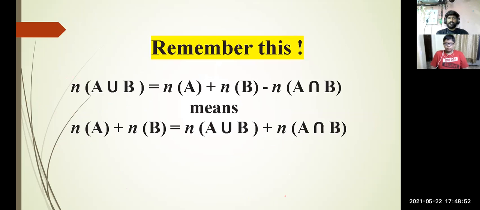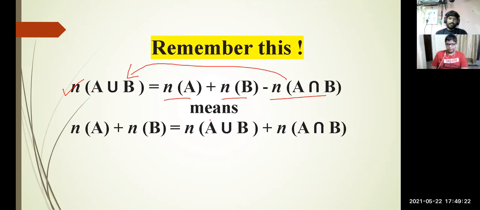So you remember this. This is the formula: n(A ∪ B) is n(A) + n(B) − n(A ∩ B). This formula itself is just rearranged. So this minus n(A ∩ B), you take it to the other side. When you take it to the other side, what will happen? Plus.